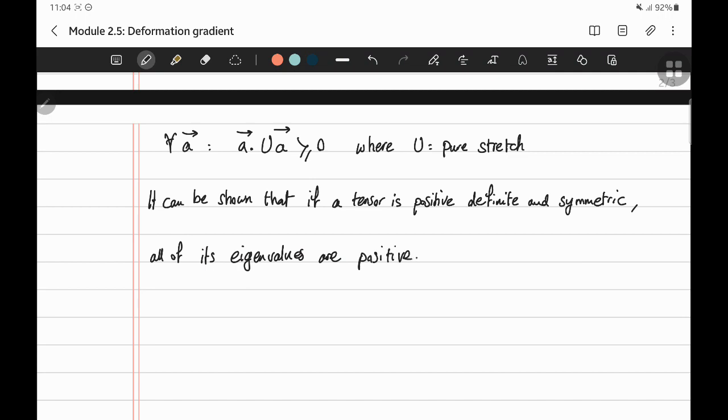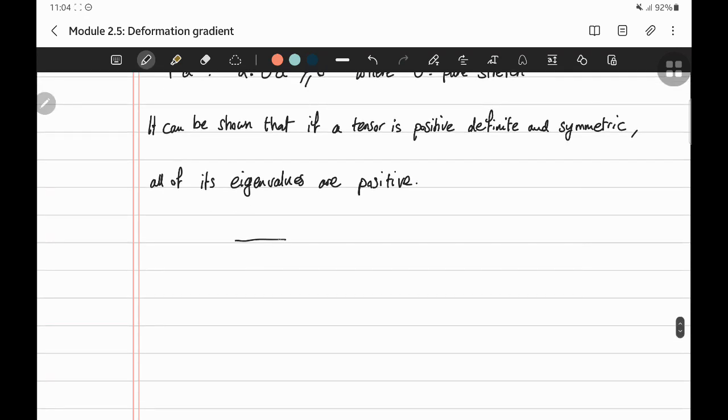So now we get why we call this stretching tensor. You can think of it like if you have an element like this, or a particle like this, it deforms like this. So it stretches like this.